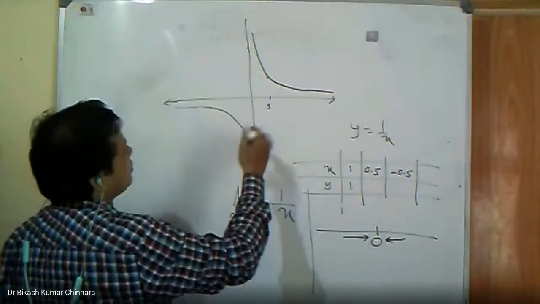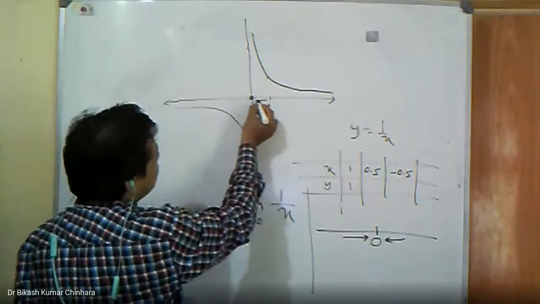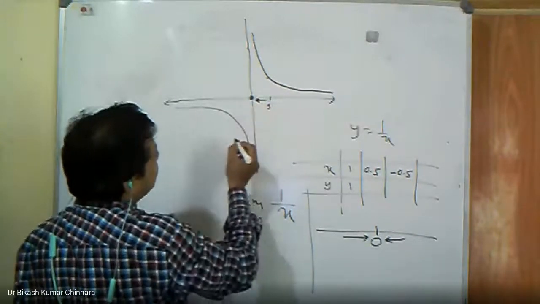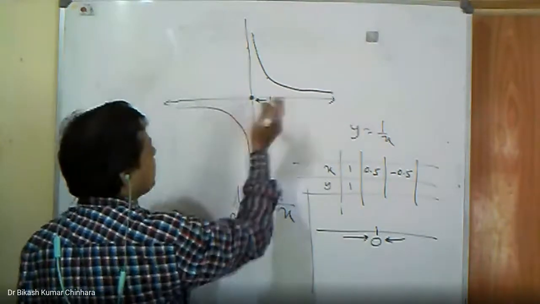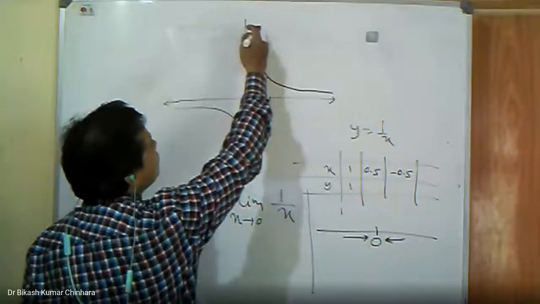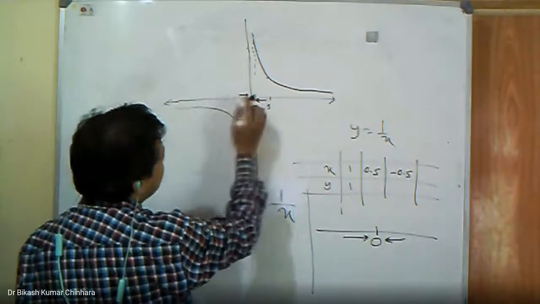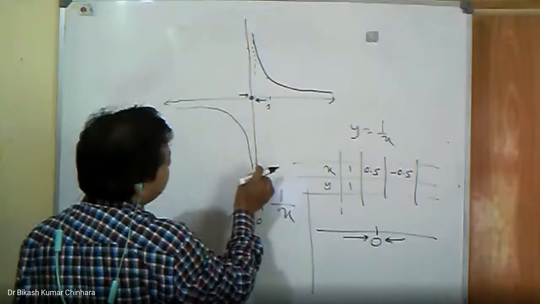Okay. So see, this is the point 0. Whenever I am approaching in this direction, its value is going towards infinity, and when I am approaching from this direction, its value is going to minus infinity.